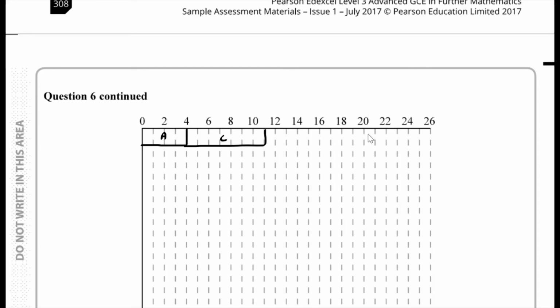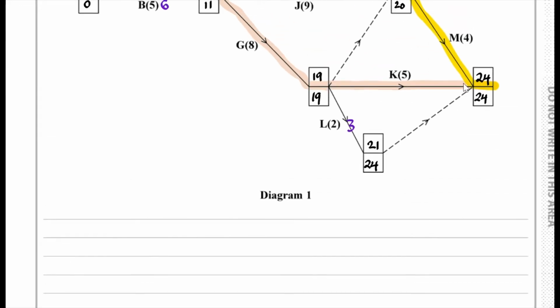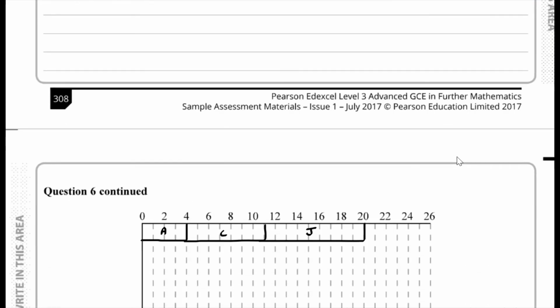So 20 is over here. Let's just add this in. So this is J, and then we end up at 24, and that's M. So let's just add this in. We have M over here.